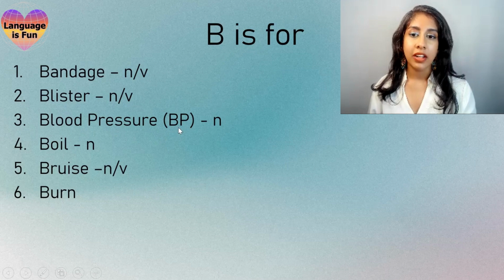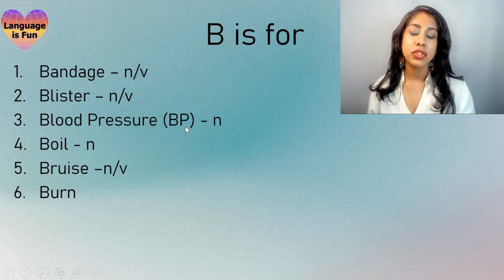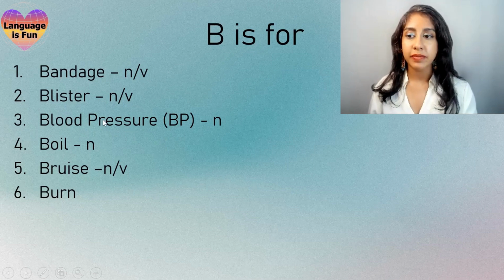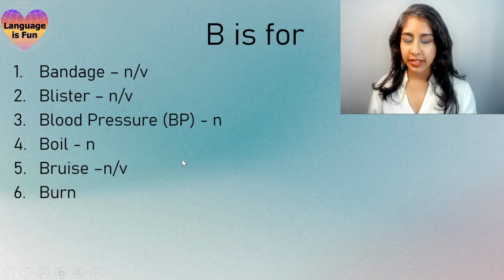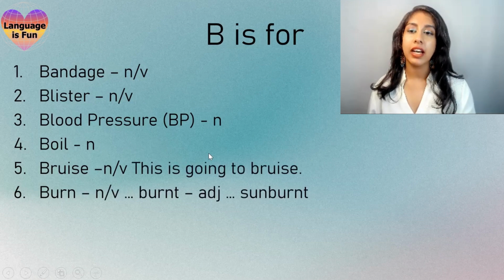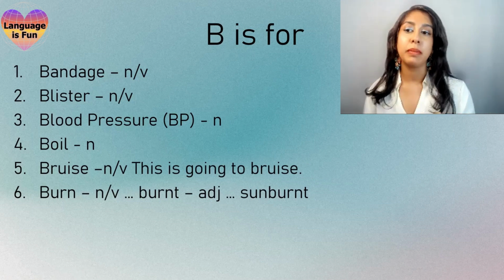You know, mujhe BP ho gaya, or something like that, right? So BP is short for blood pressure. Number 4, boil. Number 5, bruise. Number 6, burn. Now let's take a look at these words, and you'll see some pictures that come up as well.